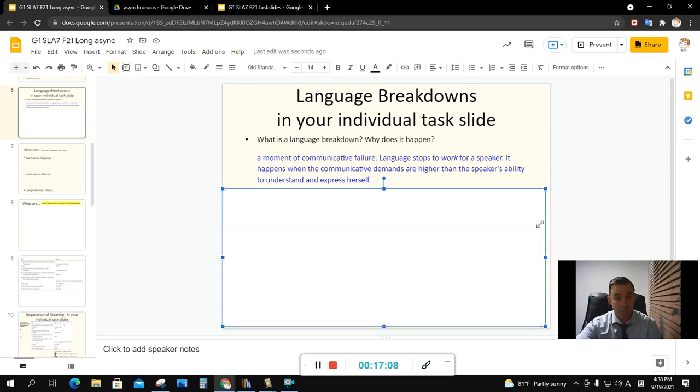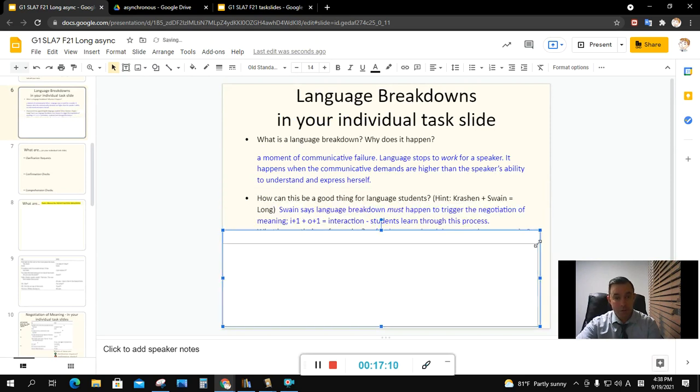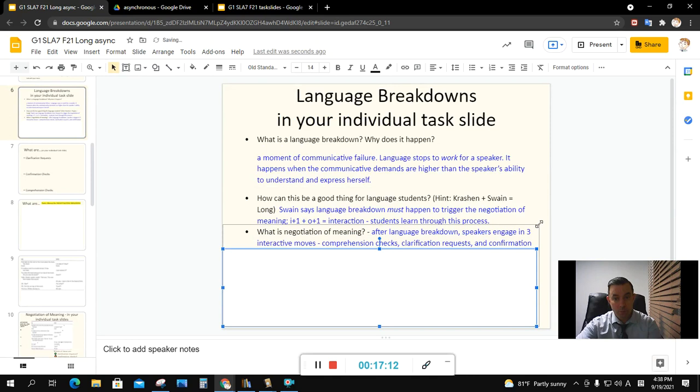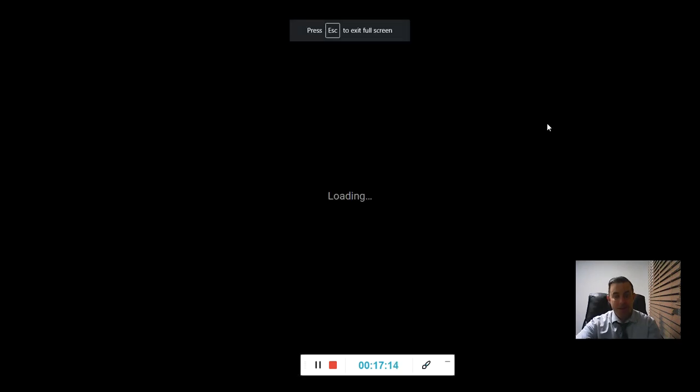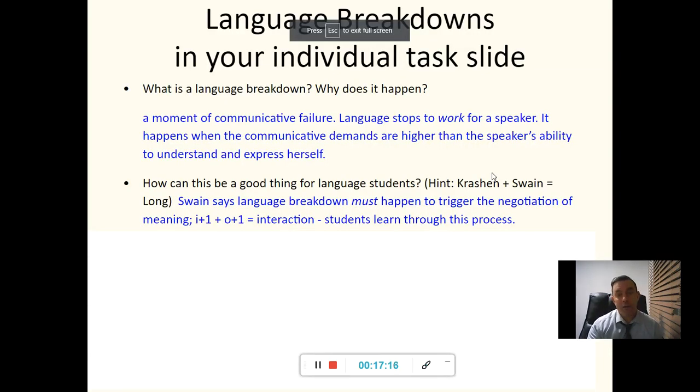Next question, how can this be a good thing for language students? Well, Swain says that language breakdown must happen to trigger this negotiation of meaning. Negotiation of meaning, which we're going to talk about in a moment, is essential for language acquisition, and it's not going to happen unless there's breakdown.